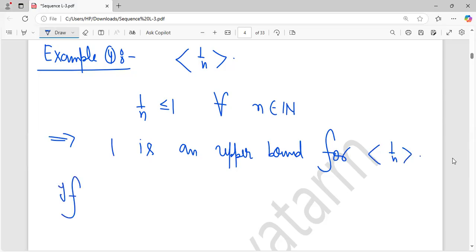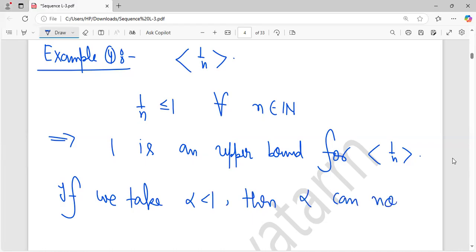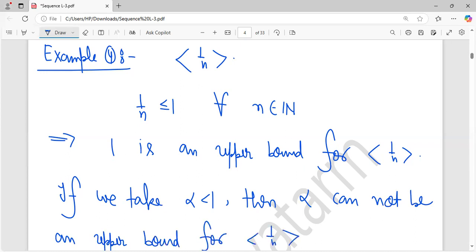If we take a number alpha less than 1, then alpha cannot be an upper bound for this sequence.